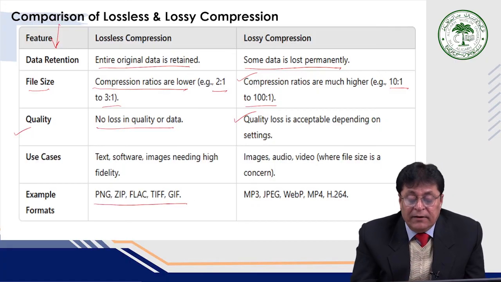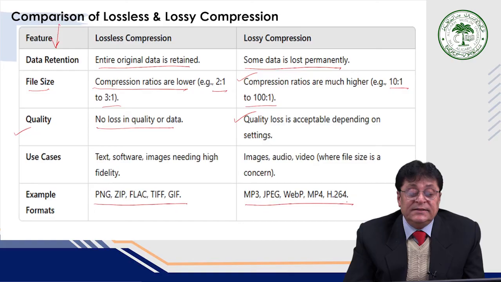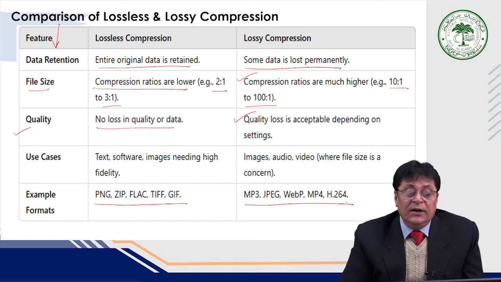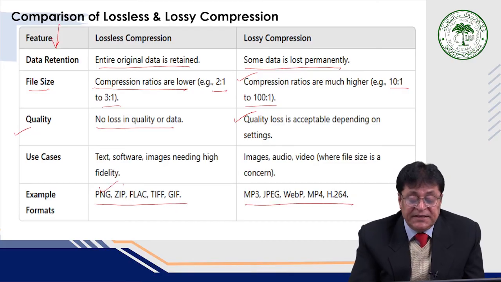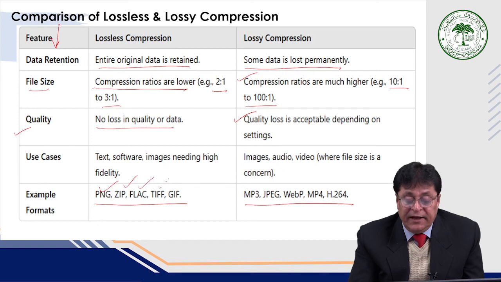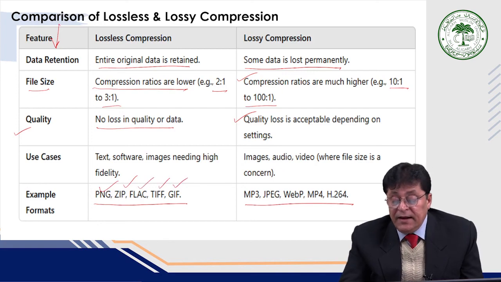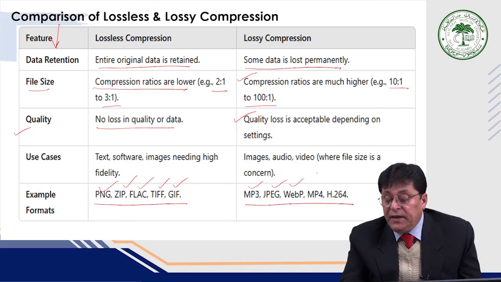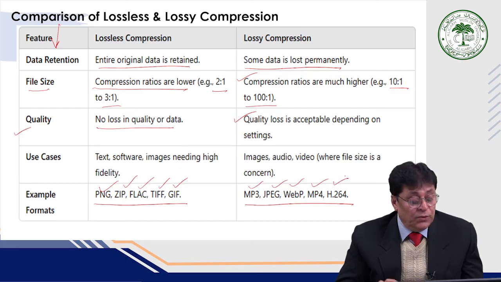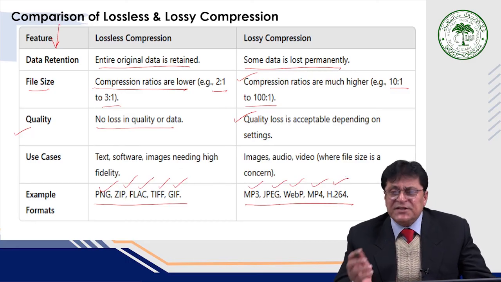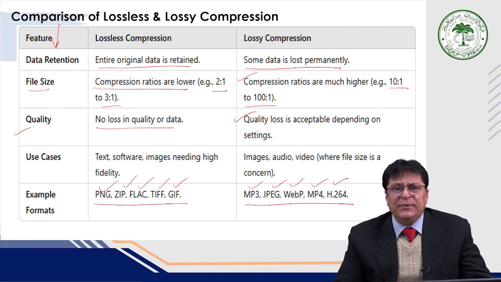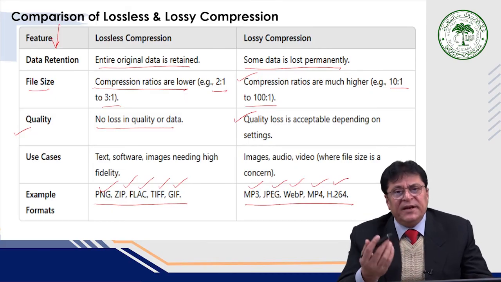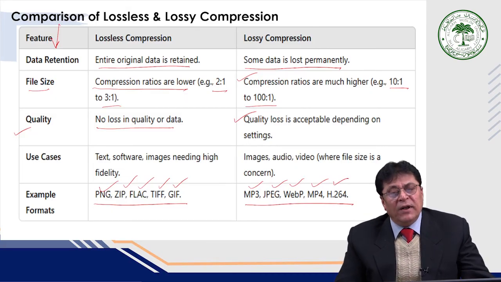Most common file formats in lossless compression: PNG, ZIP, FLAC, TIFF, GIF. And for lossy compression: MP3, JPEG, WebP, MP4, H.264. These are some of the examples. You can further enrich your knowledge and understanding.